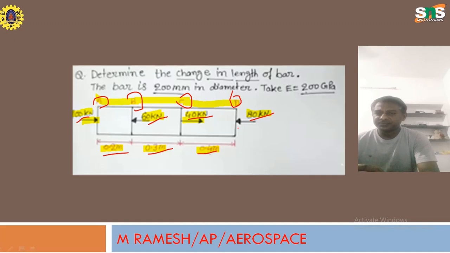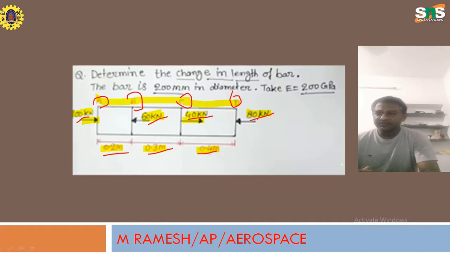You have 100 kilonewton, 60 kilonewton, 40 kilonewton, 80 kilonewton. Some of the loads go towards right, some towards left, so we need a sign convention.